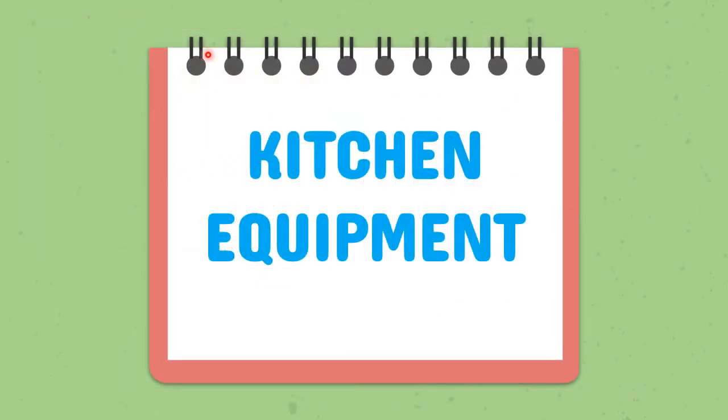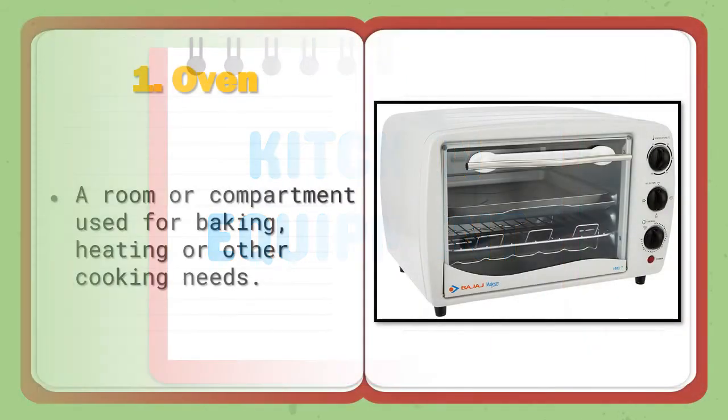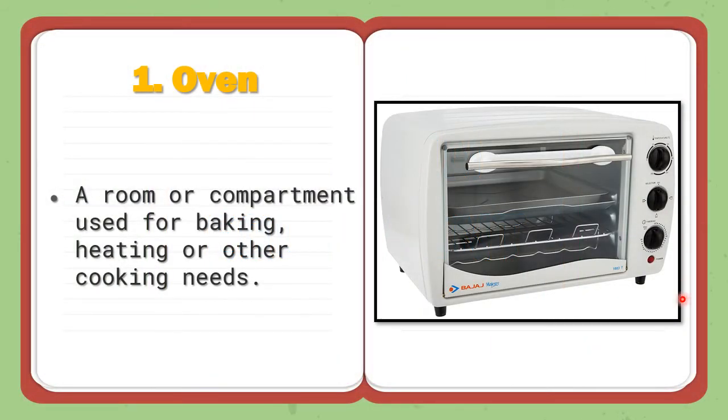Now, let's proceed to the kitchen equipment. Number 1, we have oven. It is a room or compartment used for baking, heating, or other cooking needs.